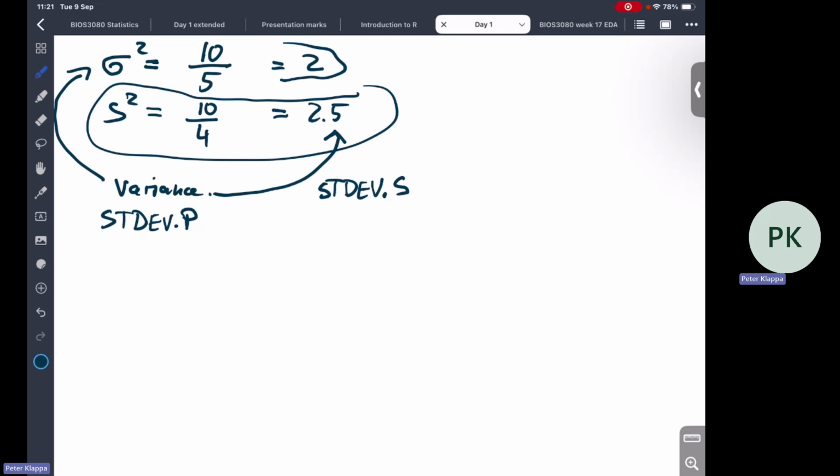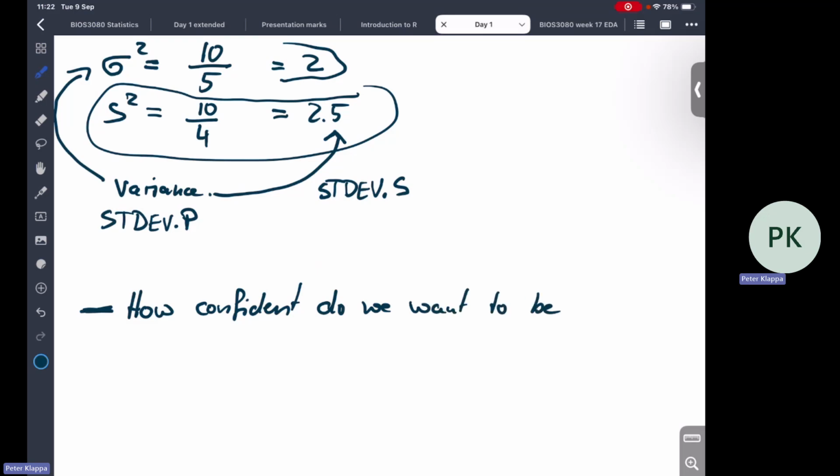But there's one more thing to add. That is what gave the whole thing the name. How confident do we want to be when we calculate this confidence interval?